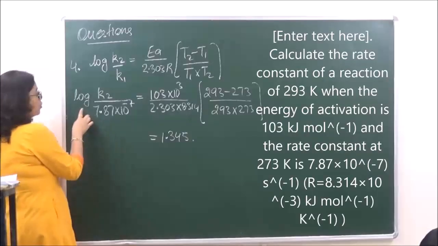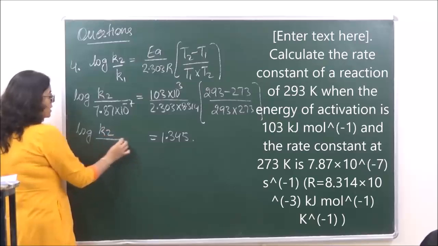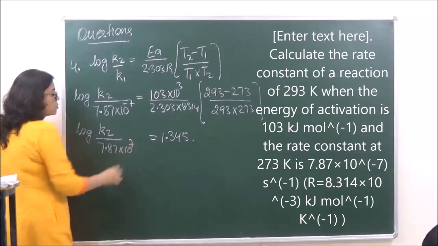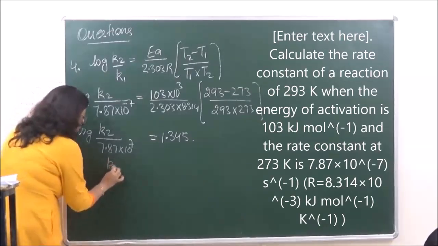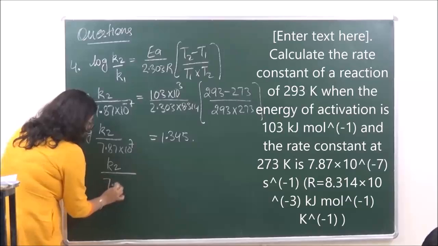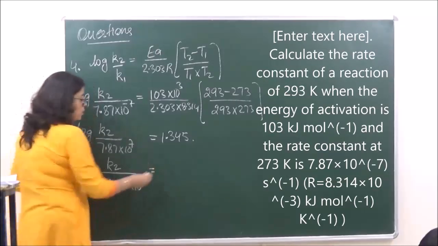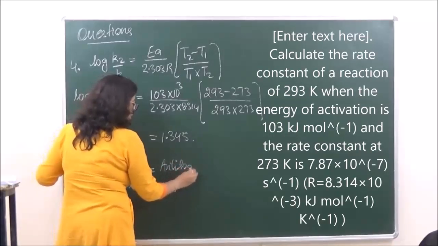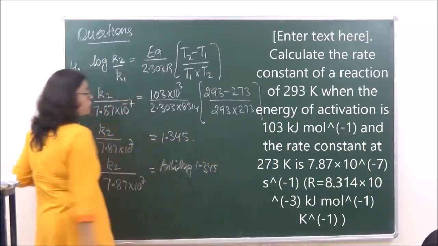So we have log of K2 upon 7.87 into 10 raised to power 7, that comes to 1.345. Okay, so K2 upon 7.87 into 10 raised to power 7 is going to be equal to anti-log of 1.345.